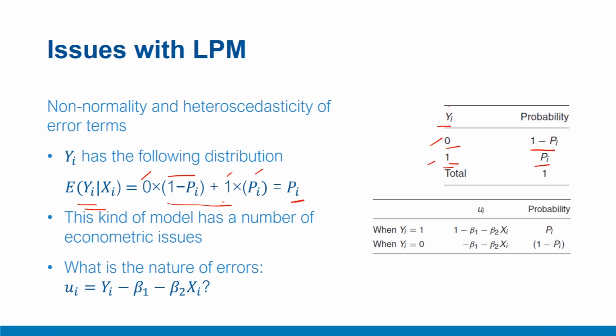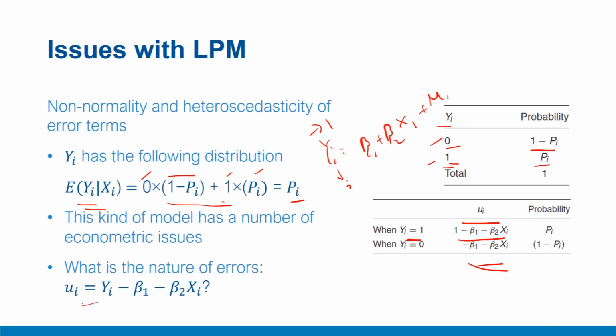When your dependent variable is of this nature, this kind of model is fraught with several econometric issues. To begin with, notice when yi equal to 1, essentially your error term is of this nature. Why? Because yi equal to beta 1 plus beta 2 xi in our simple model, plus the error term. So if yi equal to 1, this is the form of your error, and if yi equal to 0, you can rearrange and your error term will be like this.